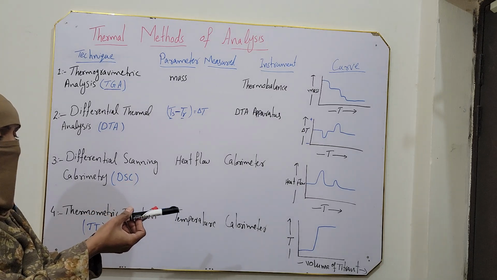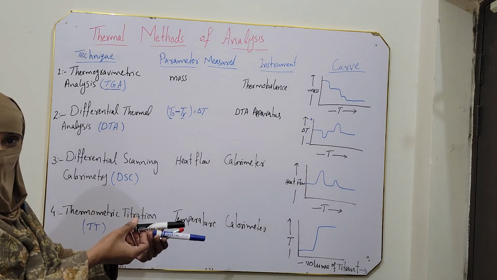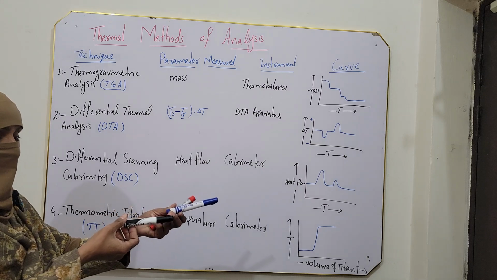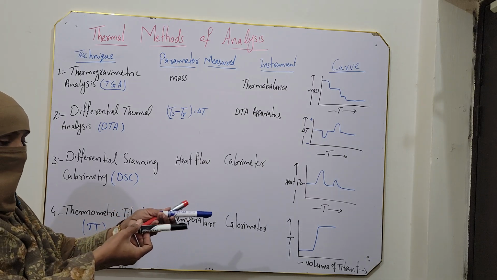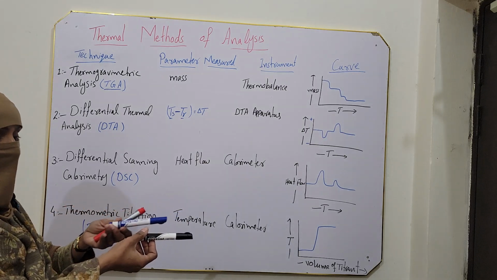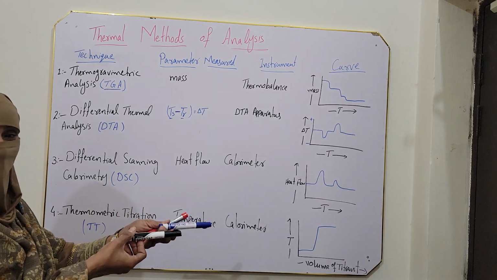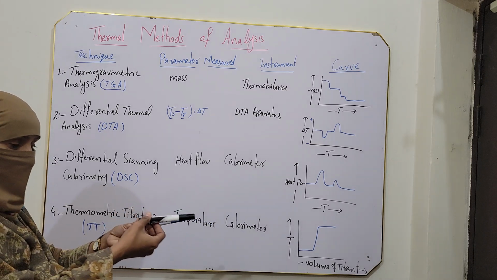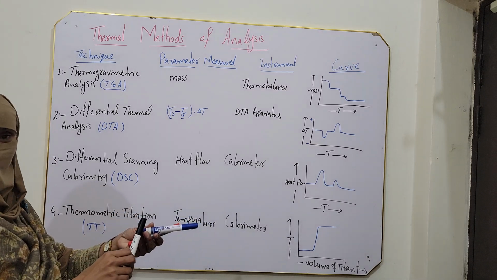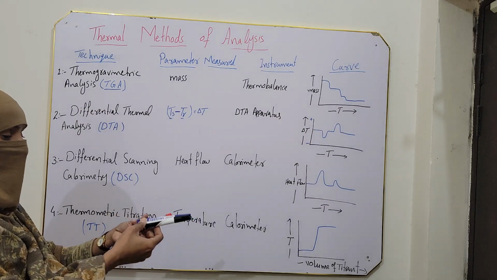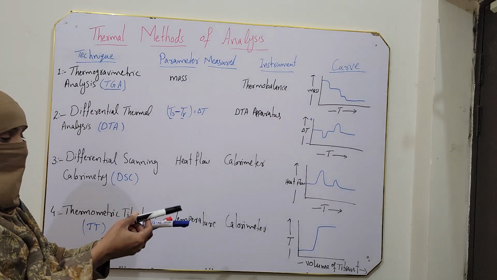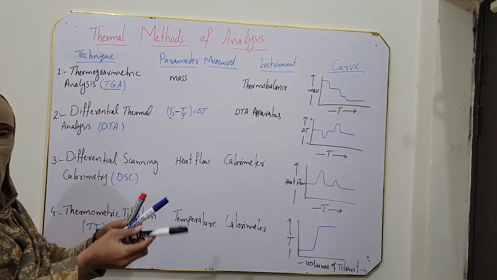Then the instrument supplies excess heat to the sample if the sample temperature is decreased, and withdraws heat from the sample if the temperature is increased. So either positive heat flow or negative heat flow occurs towards the sample in order to keep the temperature of the reference and sample pan constant.